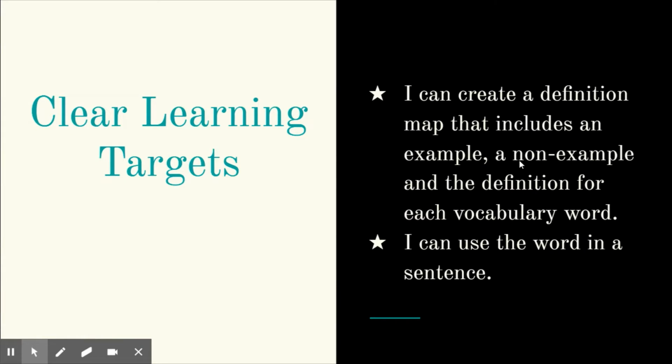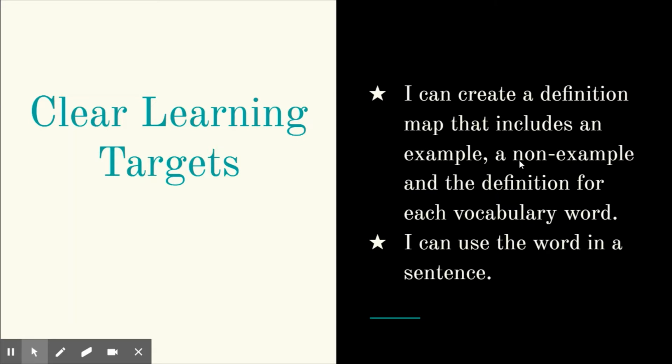And we have two today. Number one is I can create a definition map that includes an example, a non-example, and the definition for each vocabulary word. And the second one is I can use the word in a sentence. And this means each word is going to be used in a sentence.